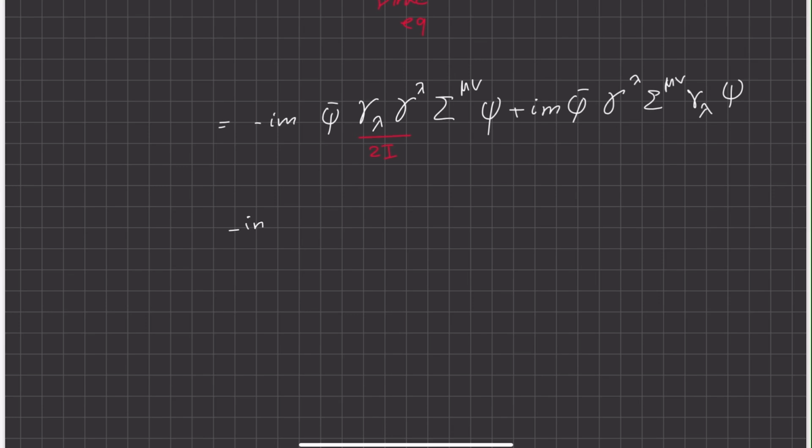So I'm going to have minus i m psi bar, 2i sigma mu nu psi plus i m. And we have an identity here.